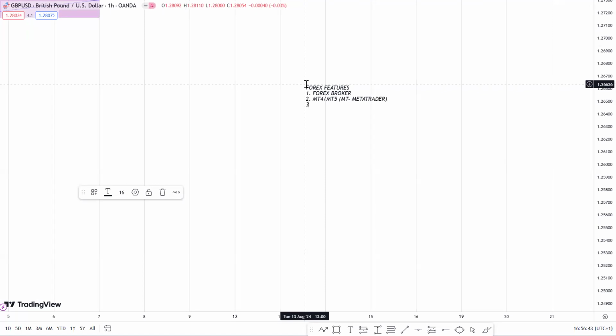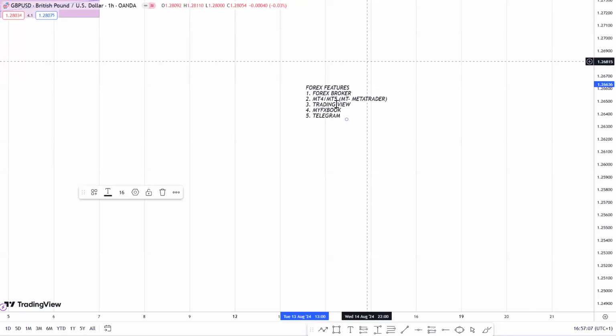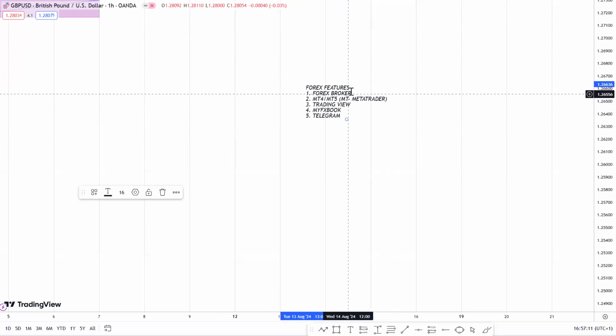Then we have TradingView. TradingView is what you can currently see that I'm using to look at the charts. We have my FX Book, and we have number five, we have Telegram. If somebody just came in, let me accept that person. Okay, accepted.